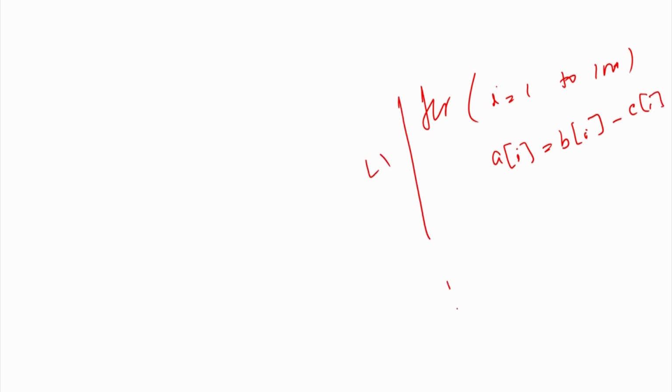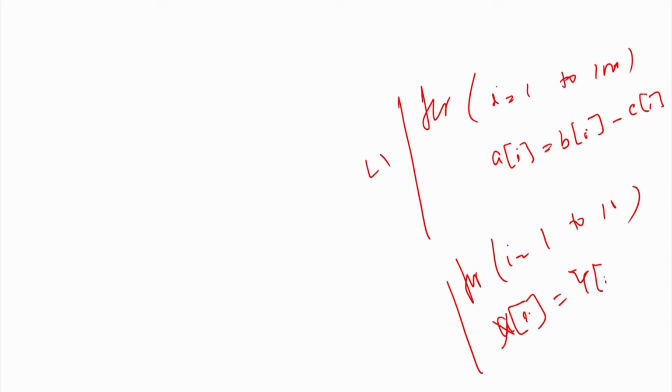And in loop 2, say i equal to 1 to 10, but you are doing, say, x[i] equal to y[i] into z[i]. So, I am doing a different operation now. So, this is your main.